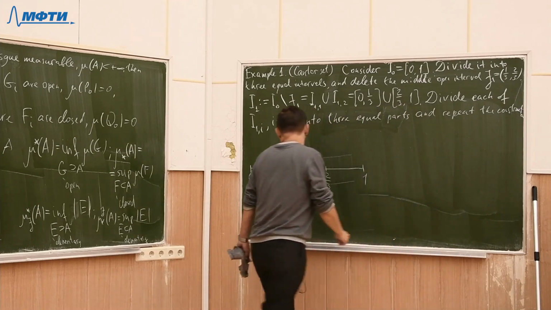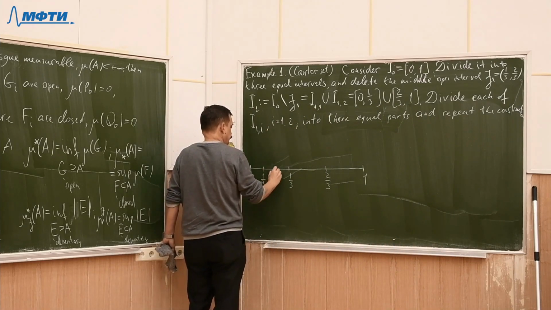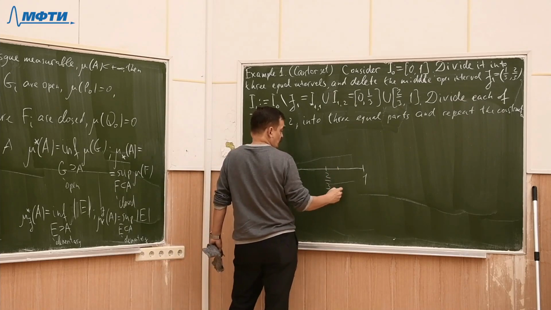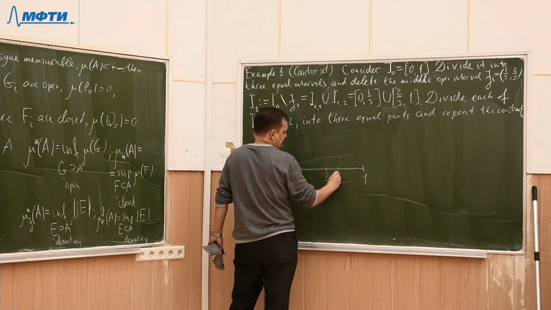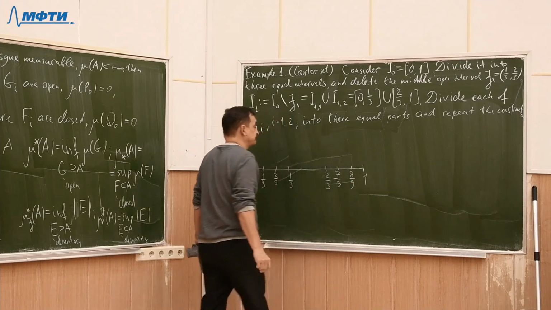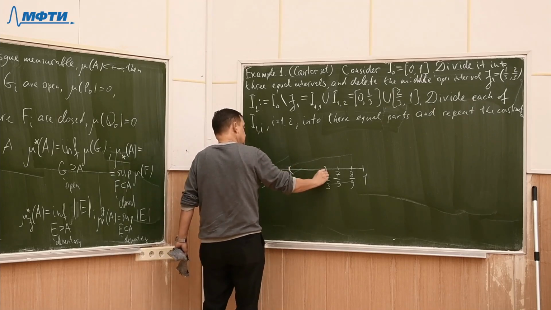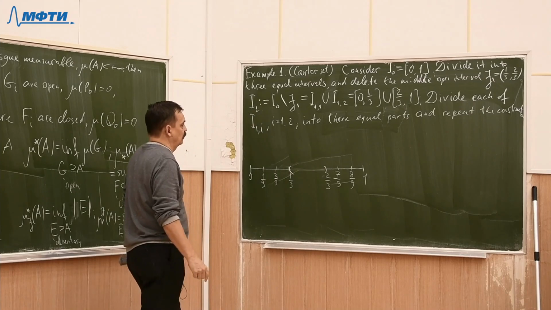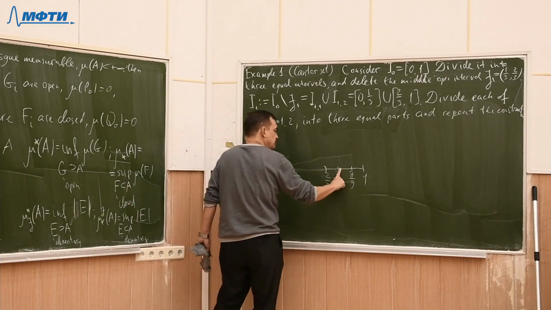So it means now I take 1/3, 2/3, and here 6/9, 7/9, 8/9, and so I delete that interval. Now I delete those middle parts.